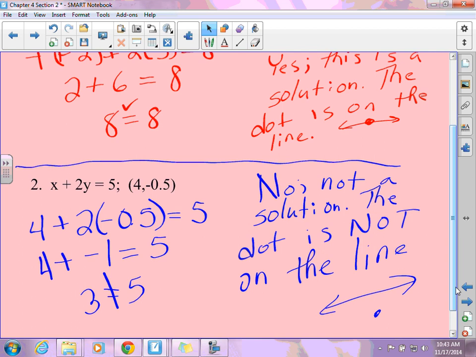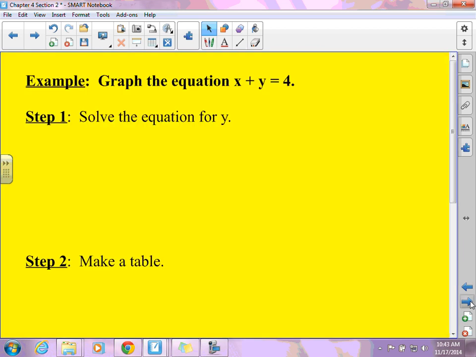All right, let's go to the next problem then. Notice it's graph the equation, all right? When you do these for me, I know in the past you made a table right away. I'm going to ask you when you do these to start solving for y. And the reason why I am is a little less work in the table itself. And also it's going to set the stage for something later.